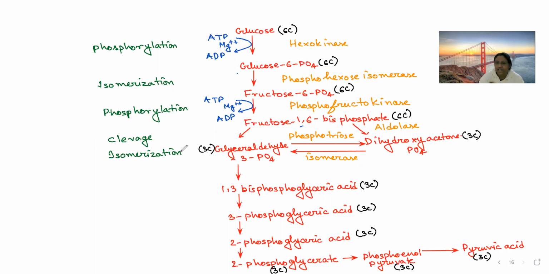Understood? So the reaction taking place over here is the conversion of dihydroxyacetone phosphate to glyceraldehyde and glyceraldehyde to dihydroxyacetone phosphate. Both are known as isomerization reactions, and the reaction is catalyzed by the enzyme phosphotriose isomerase. Understood everyone?